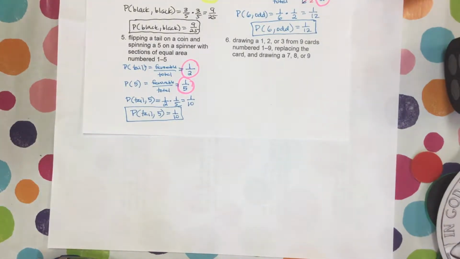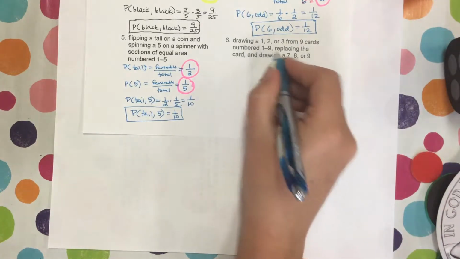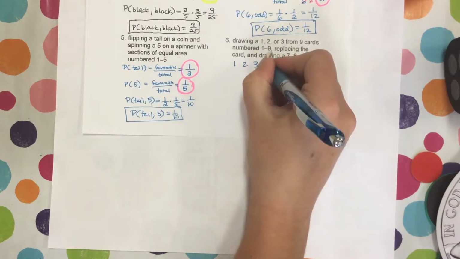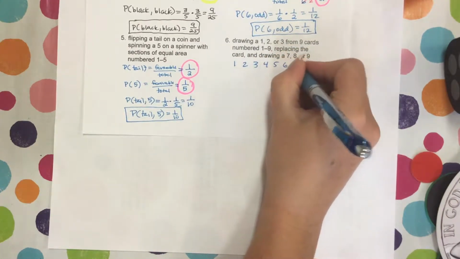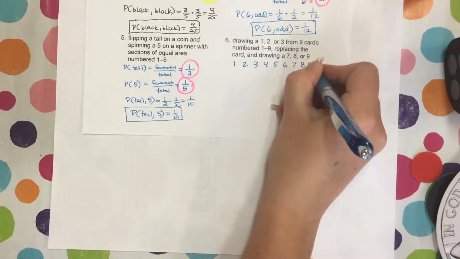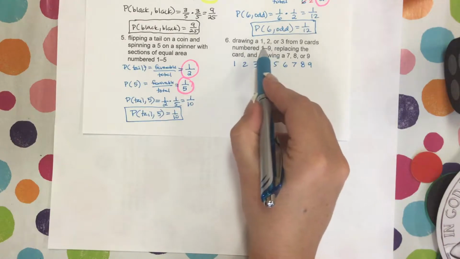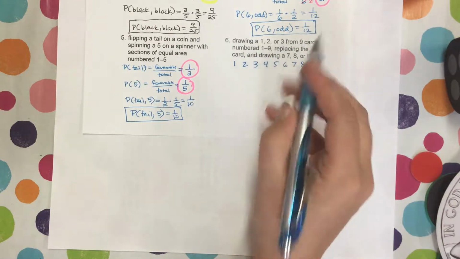Okay, so we have cards that are numbered 1, 2, 3, 4, 5, 6, 7, 8, 9. We want to know the probability of drawing a 1, 2, or 3 from 9 cards.